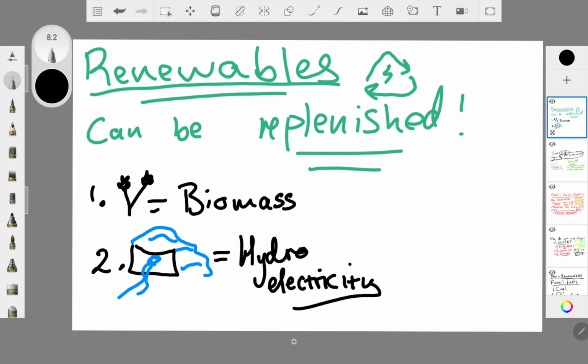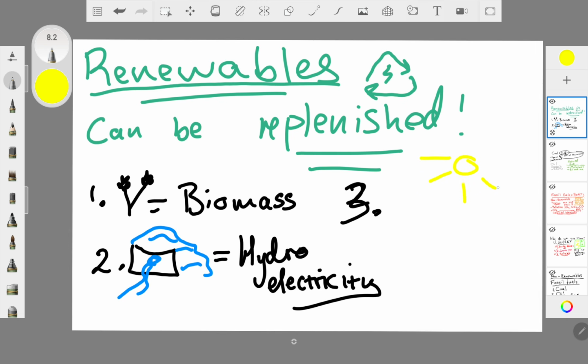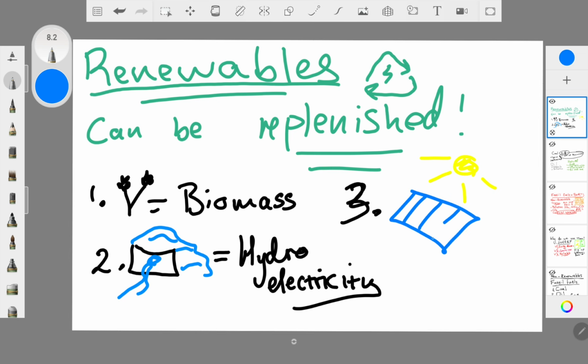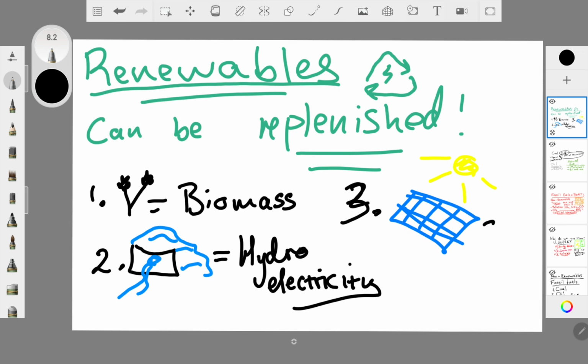We'll just cover the main ones, alright? Number three, energy that I get from the sun by letting it shine directly onto a solar panel. What's this type of energy called? I just said the word a minute ago. It is, of course, solar energy.